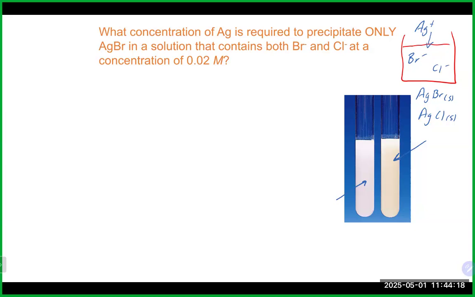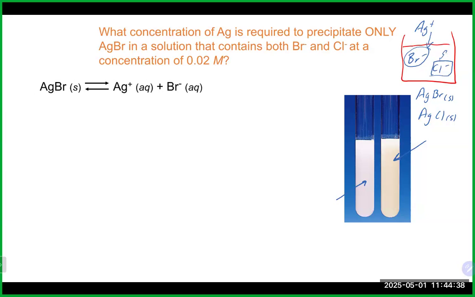You can't just pick through the solid and say, I think this one looks like the chloride and this one looks like the bromide. So the goal in this question is to precipitate out our bromide out of solution and still leave our chloride floating around, having a nice time and a nice swim.